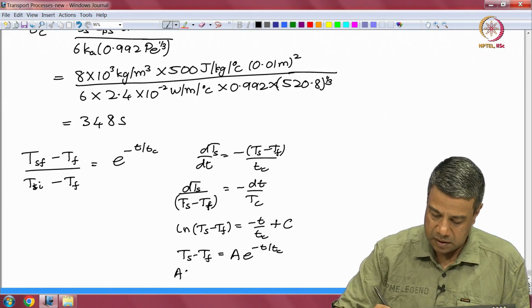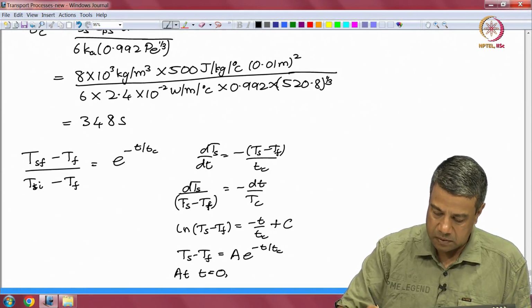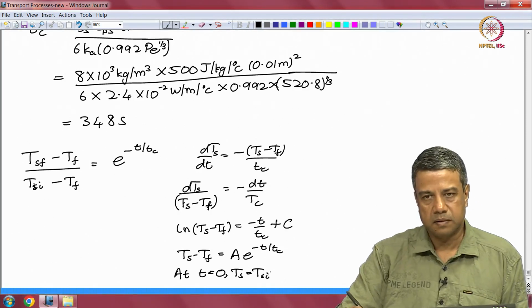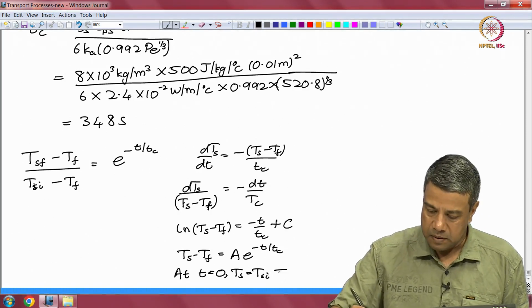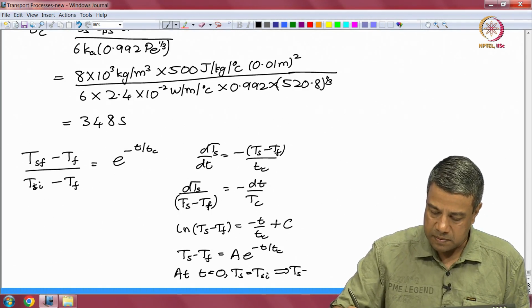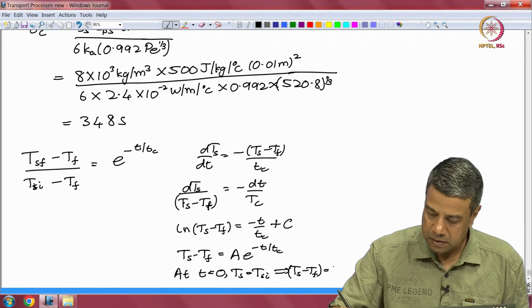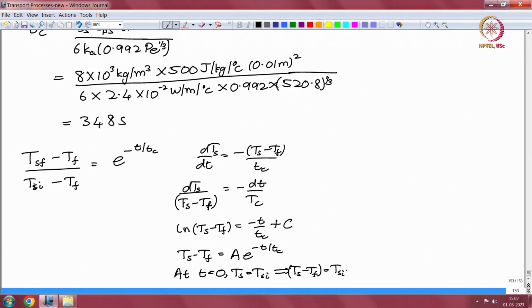And then at t is equal to 0, Ts is the initial temperature, which means that Ts minus Tf is equal to (Tsi minus Tf) e power minus t by Tc.